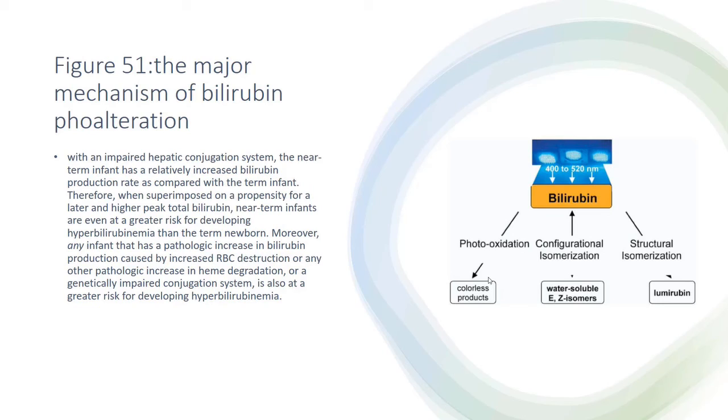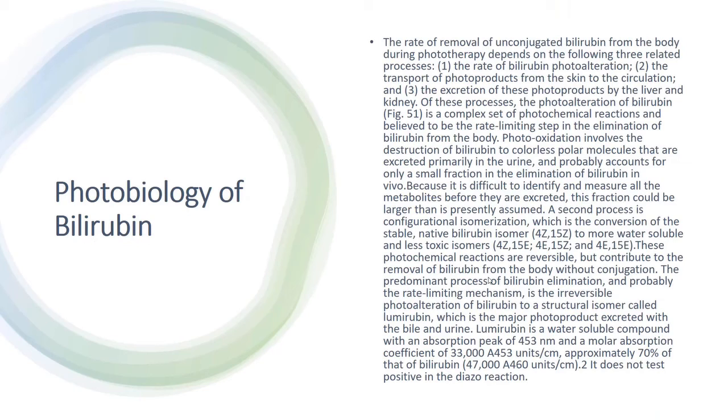Moreover, any infant that has a pathologic increase in bilirubin production caused by increased RBC destruction or any other pathologic increase in heme degradation, or a genetically impaired conjugation system, is also at a greater risk for developing jaundice. Photobiology of bilirubin.